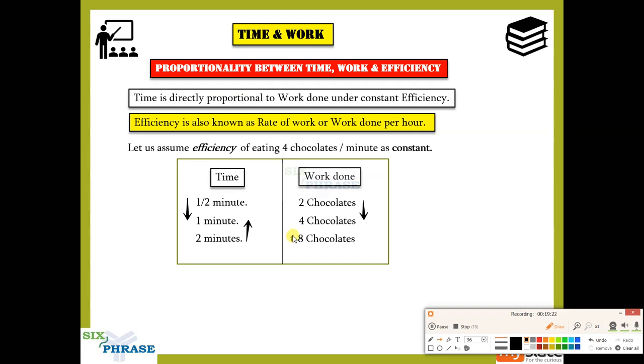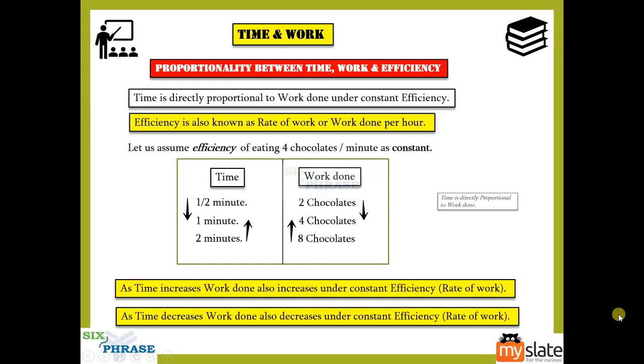It also decreases, from 8 to 4. So as time increases, work done increases. As time decreases, work done decreases, and this is why I call this directly proportionate. As time increases, work done also increases under constant efficiency.